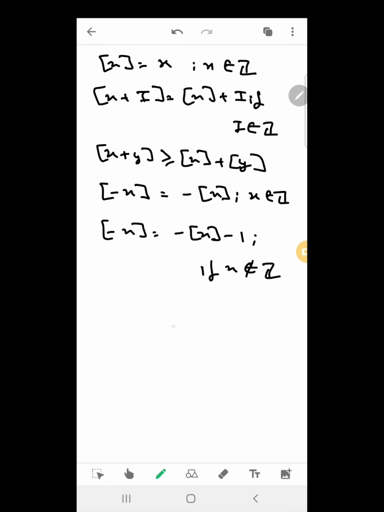Its graphical representation is very simple. Say this is 0, this is 1, this is 2, this is -1, -2. The graph of this function lies like this.